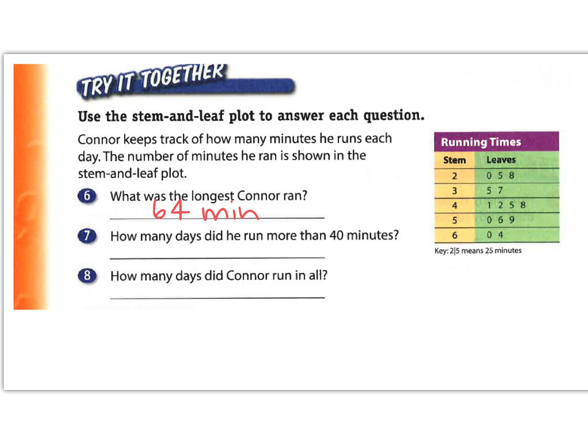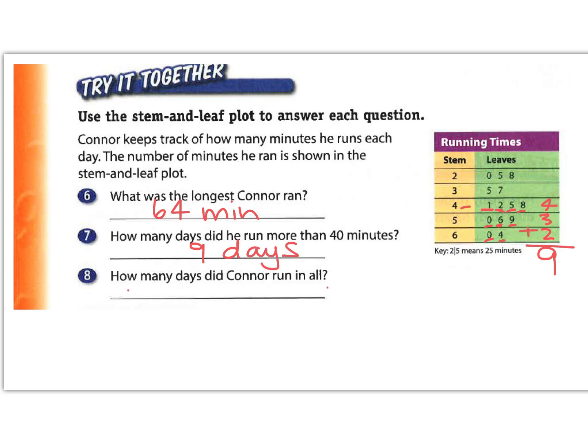How many days did he run more than 40 minutes? Well, here's 44, and then here's 41. So 1, 2, 3, 4, 5, 6, 7. So another 3 is 7, 8, 9, another 2. So we add those all, and that is 9 total days he ran more than 40 minutes.